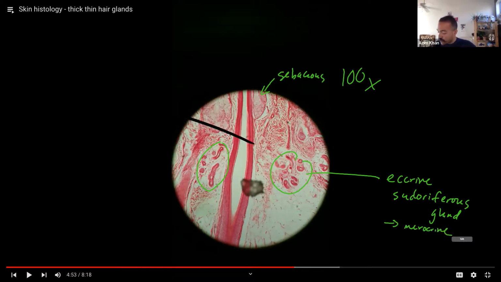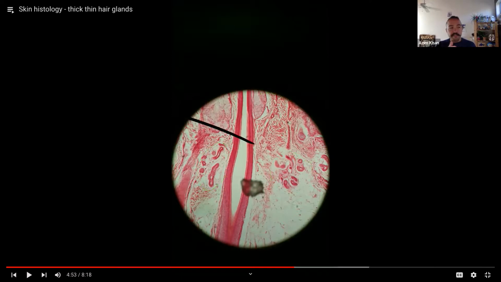That's a type of merocrine secretion. Sebaceous, again, is a type of holocrine. They're both exocrine, but how they release the stuff differs. This is from the scalp. That's why there's so much hair in this histology.